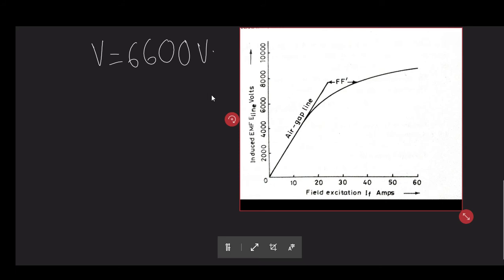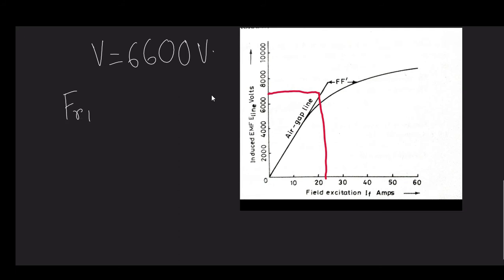So now it is clear that 6600 you will get in this value, somewhere here. As per this calculation, they have taken this much, this is our FR1 equal to 21 ampere.